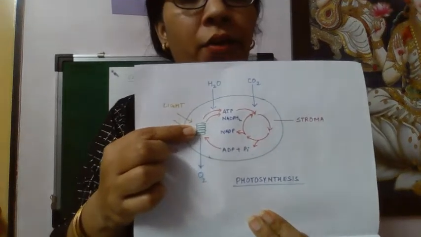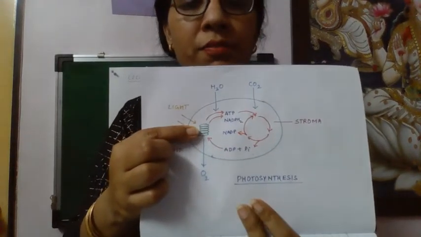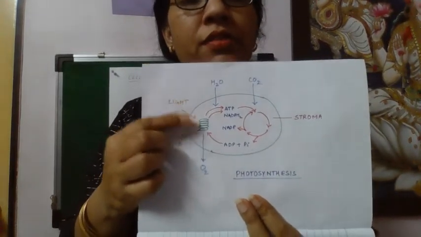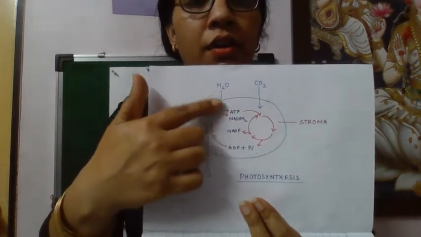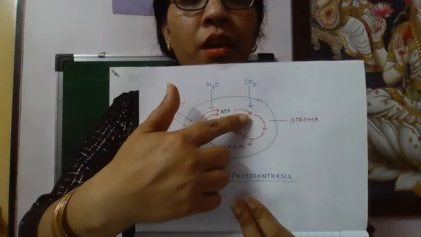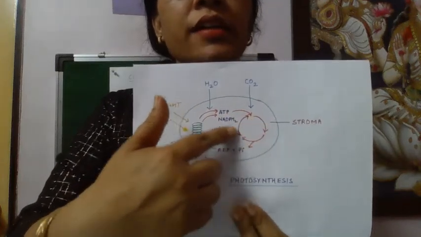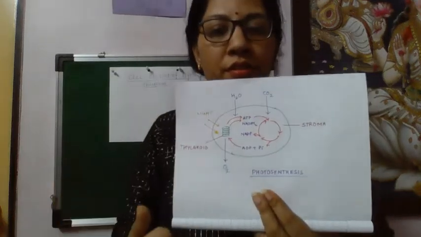Now see here, the photosynthesis. The first stage of photosynthesis occurs in the thylakoids because the chlorophyll is present there. Chlorophyll in the presence of sunlight gets excited, releases the electron, and along with the water, it reaches the dark stage of photosynthesis.